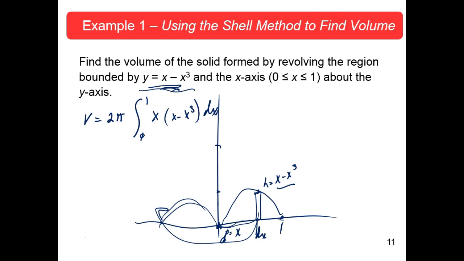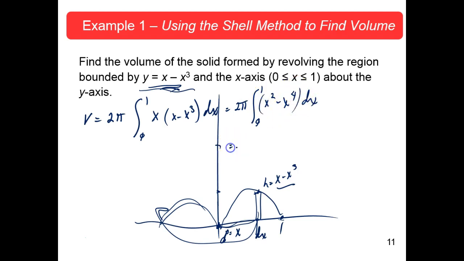Before I start integrating, I think I want to do one thing first. What would you suggest? Distribute, absolutely. And what would that give you? x squared minus x to the 4th dx. I don't know if parentheses are helpful or not there.